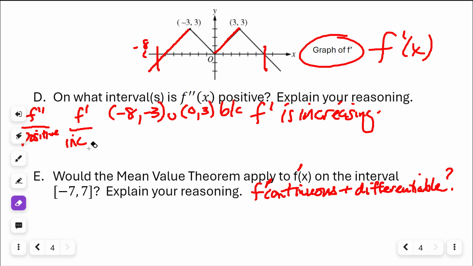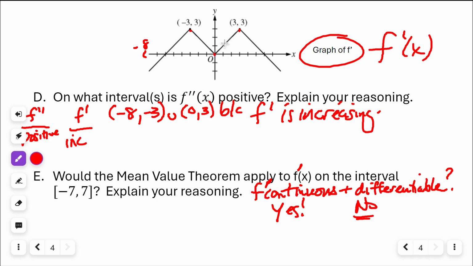No. I claim it's not. Is f prime continuous? Yes. Is f prime differentiable? No. Why not? Okay. Because there are corners here, there, and there. Right? There's two slopes there. One positive slope, one negative slope right there. One negative slope, one positive slope right there.